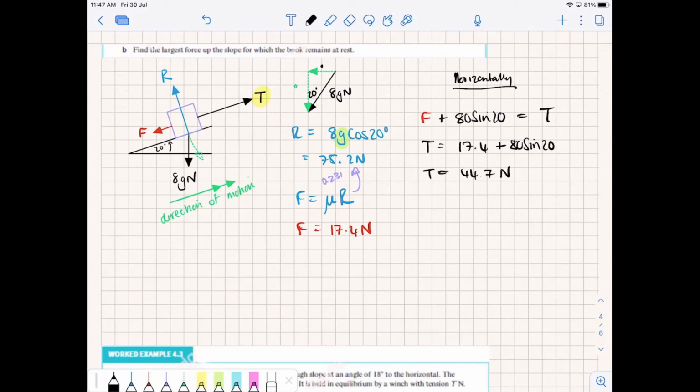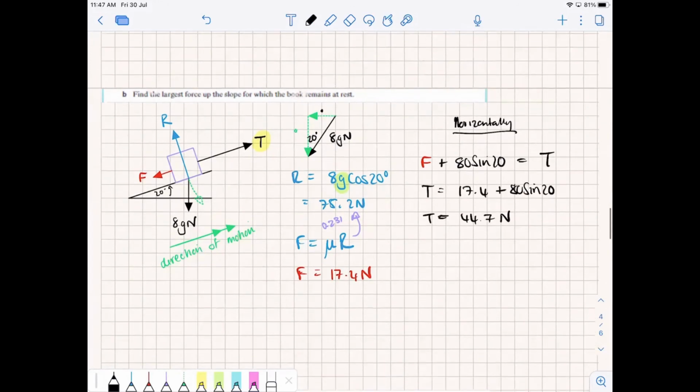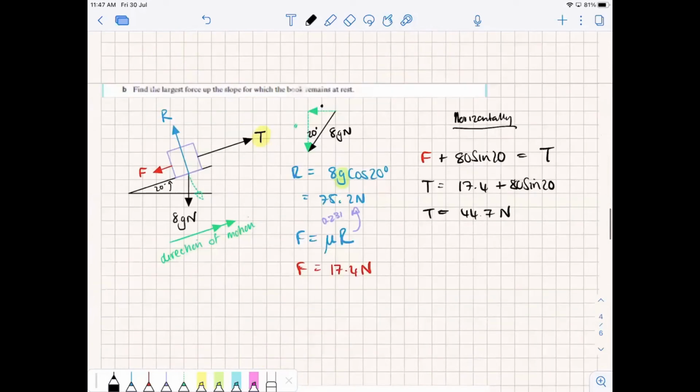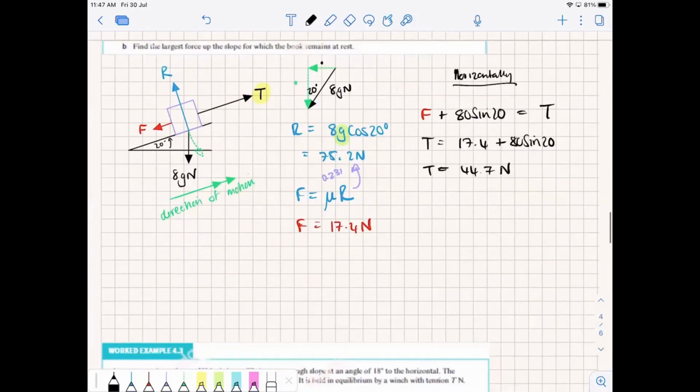So this was a dual step problem where we have to use the answer from the previous step in order to find the next step. Remembering that the coefficient of friction will remain the same unless they specify that it changes.